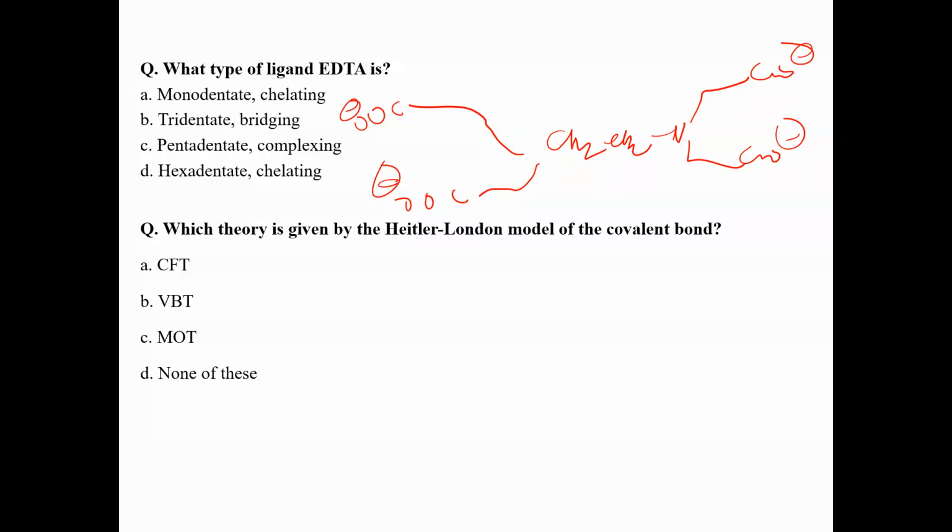Okay, so just count the atoms which can donate the electron pairs to the central metal atom, and you will get the answer. It is a very famous chelating agent, ethylene diamine tetraacetate. So one, two, this one, three, four, five, and six. So it will be a hexadentate chelating ligand, right?